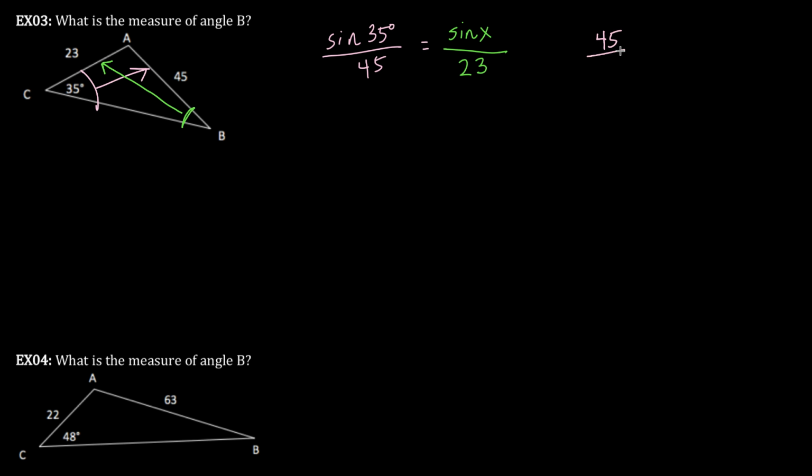So 45 over sine of 35 degrees equals 23 over sine of x. Okay, so on this one, I'm going to multiply both sides by 23.